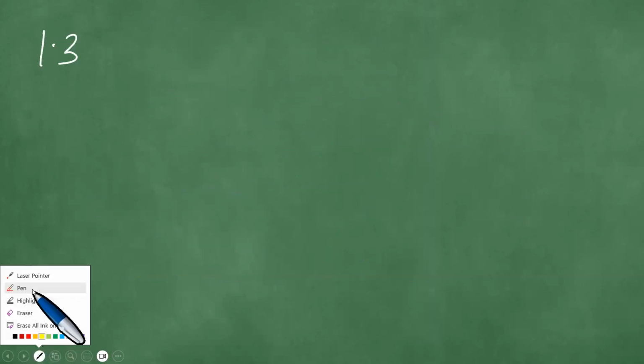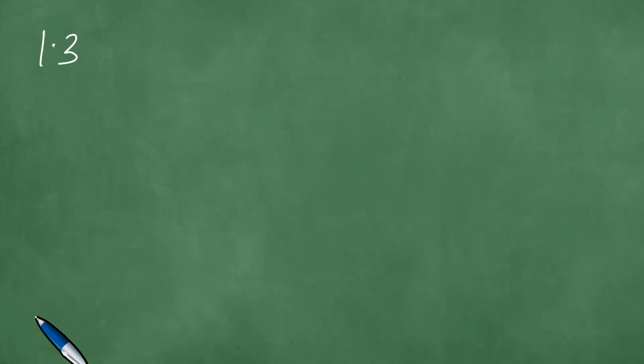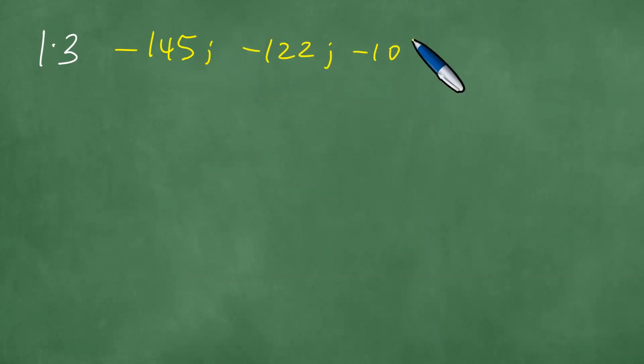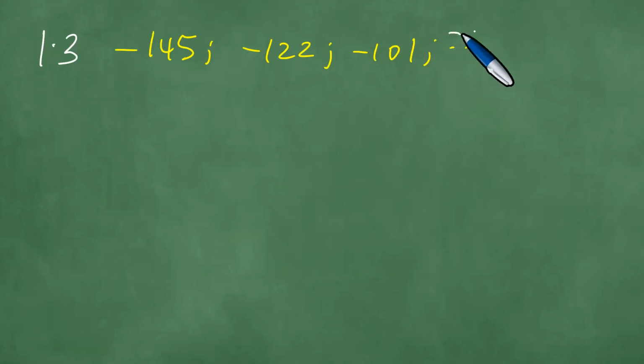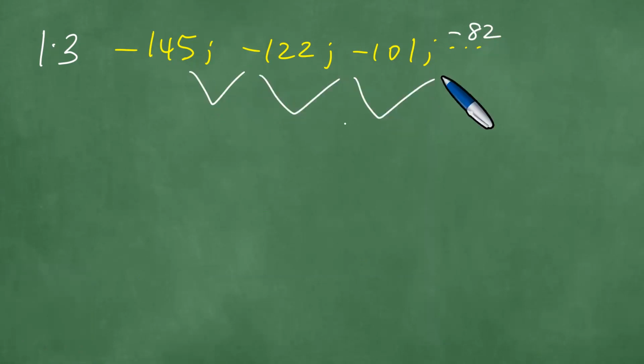So in 1.3, just write down that one in detail. You have the minus 145, minus 122, minus 101 and so on. You can put the minus 82 as well. We got the minus 82 on our own. When you get the differences here, we've already seen them.